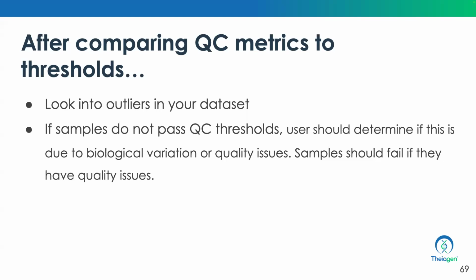So generally just looking at outliers in your data set helps you further QC your samples. And as I mentioned before, samples that do not pass QC should not be used for downstream analysis. Again, garbage in, garbage out. You don't want to end up with low quality characterization.